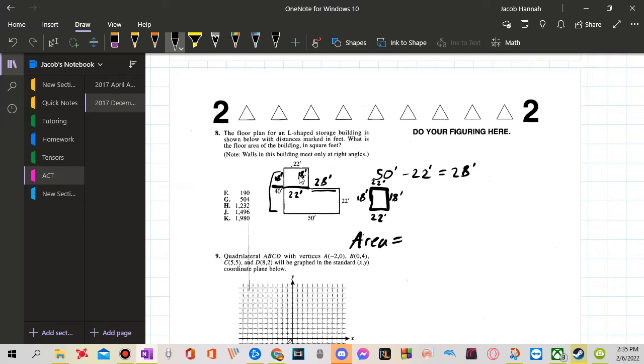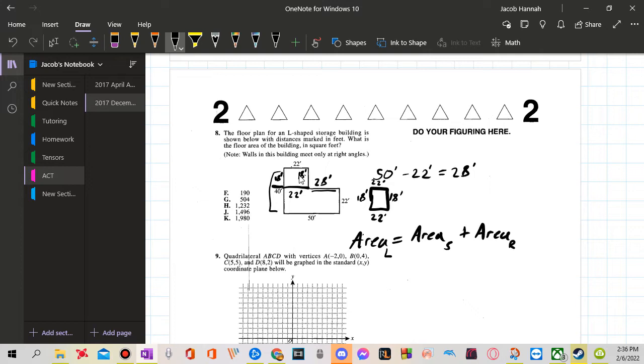The area of the L, with a little subscript for the L shape, is equal to the area of the square plus the area of this rectangle. So this S is square, this R is rectangle, and this L is the L-shaped storage building.